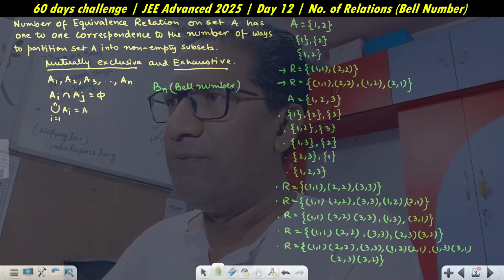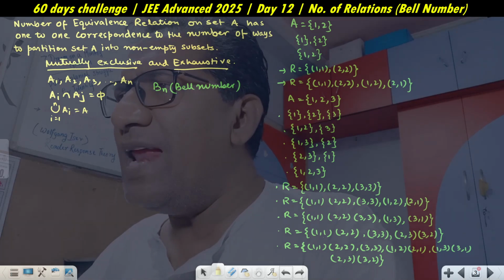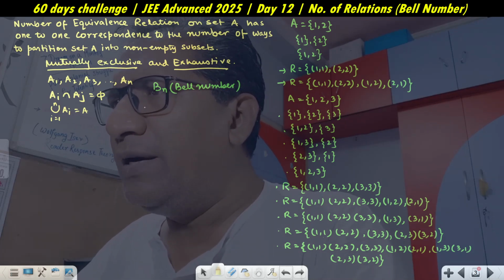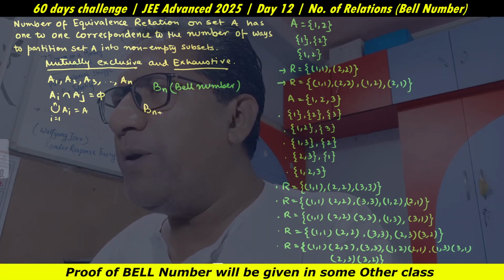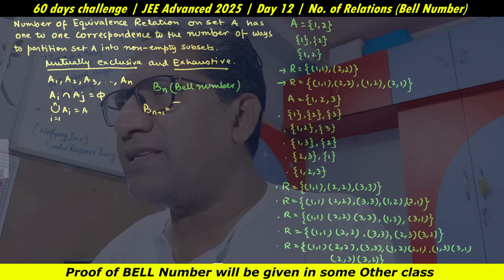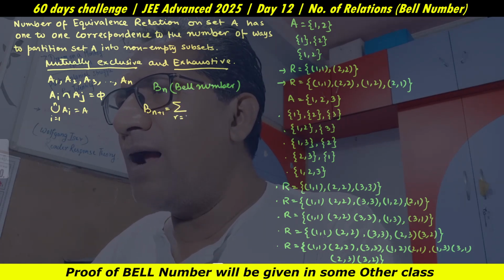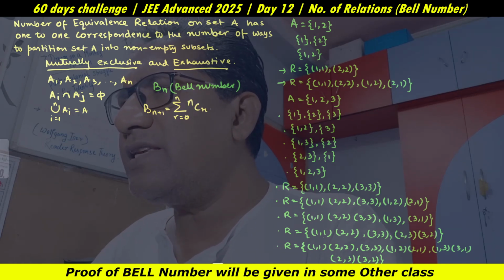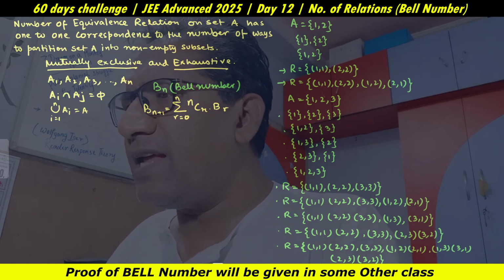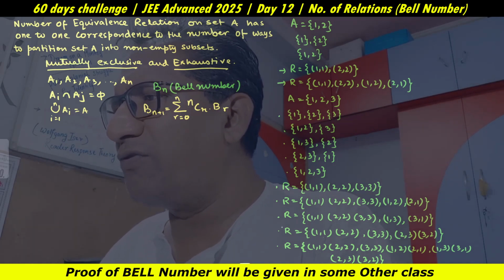Is it clear? Now there is a recurrence relation for this Bell number, which is B(n+1) is sigma r equals 0 to n, nCr Br. This is the recurrence relation of the Bell number.